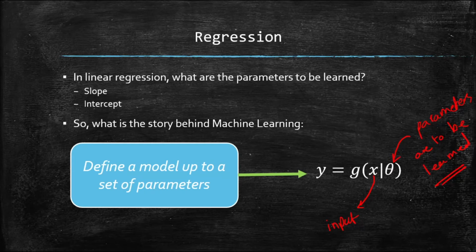So when we have X given our parameters theta, this vertical line here is basically what would be read as "given", right? It's some sort of a condition. So it means that if I have my input given the parameters of our model, I would put this input into my G, that function, and then the result would be my Y, which is the output, right?